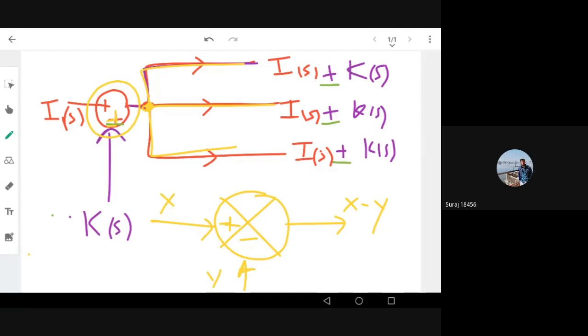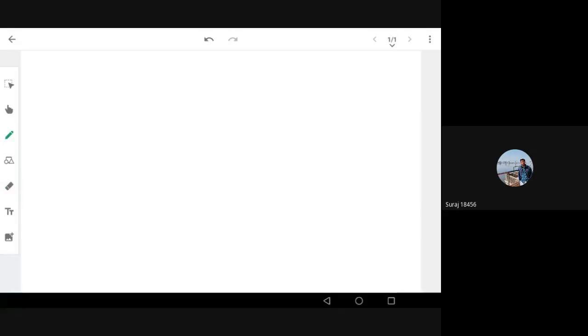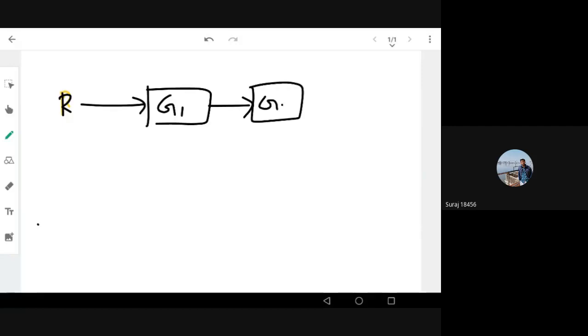Okay. So next important is after the summing block, after the sharing block or the distribution point. Now we'll come to some reduction mechanism. So first thing, we have seen the gain. Gain has to be multiplied together. So say we have input R going to a block G1 and the block G2.